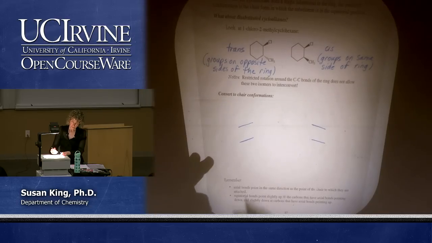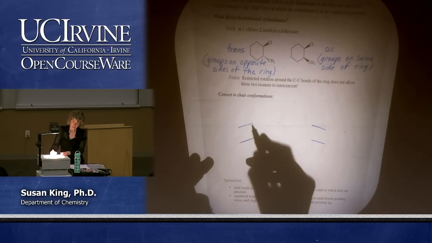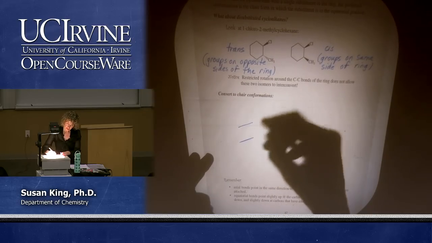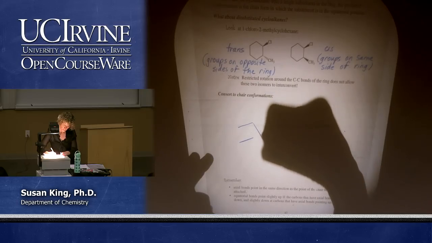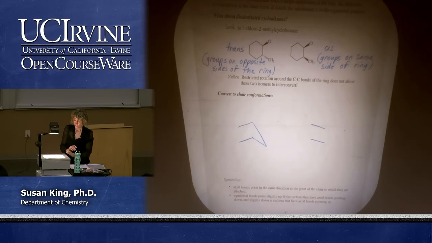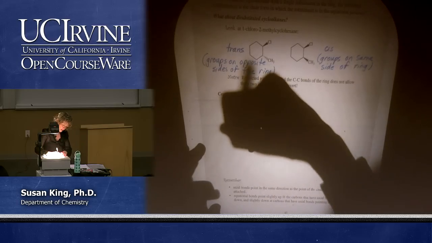And then if this is going up, I'm going to have a little V going down, connecting the two ends. So if the lines are slightly tilting up, the V is going to go down. And if the lines are going down, the V is going to be up.